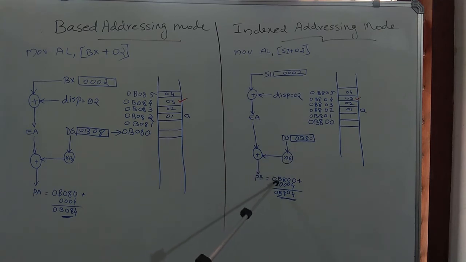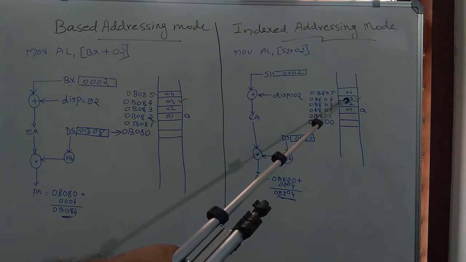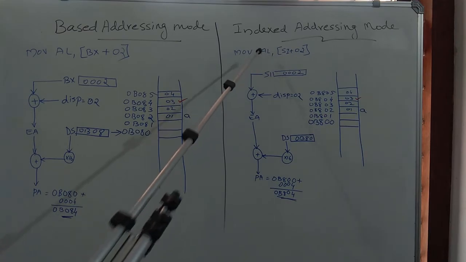You will be getting 0B800. Then the effective address 0004 is added to that. You are getting 0B804. So this is the location, and the content is 03. So this instruction will store 03 in the AL register.